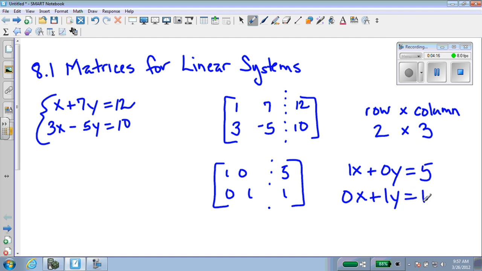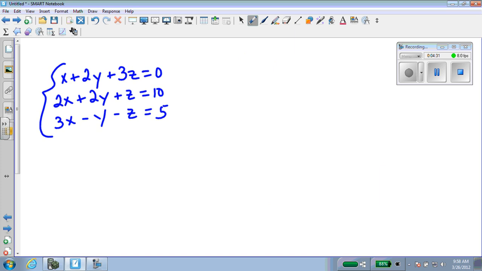And if you're looking at that correctly, you're seeing that x is 5 and y is 1. So it has solved our system: 5, 1. For a 2-equation, 2 unknown system, a matrix is probably not what you want because it's faster to do the work yourself. But for a system like this with 3 equations and 3 unknowns, it might be faster to use a matrix.